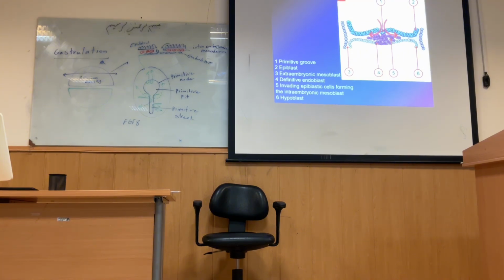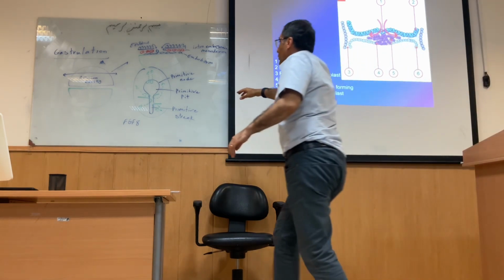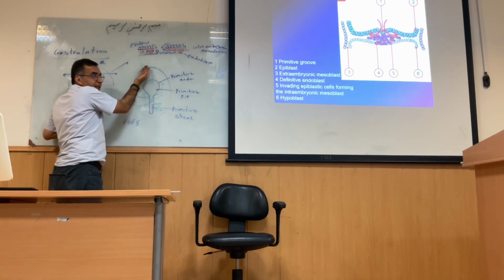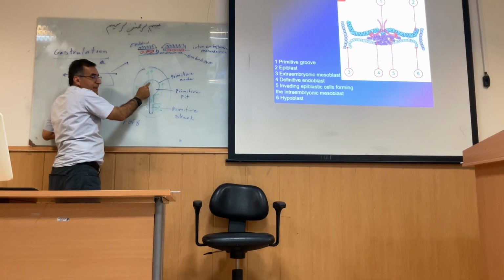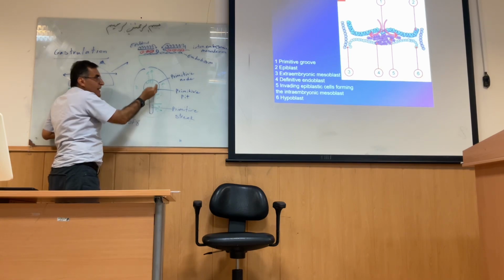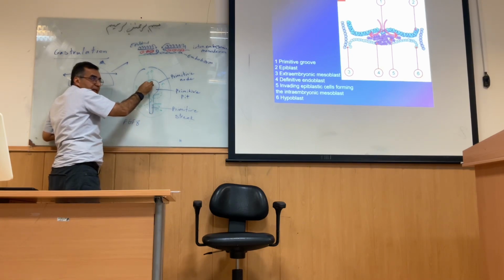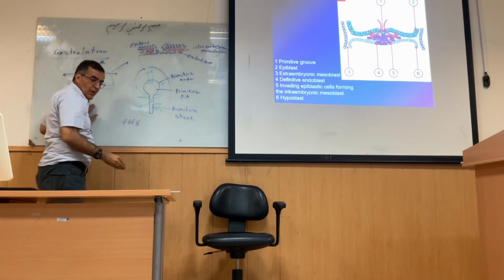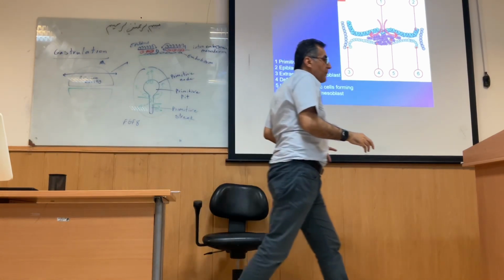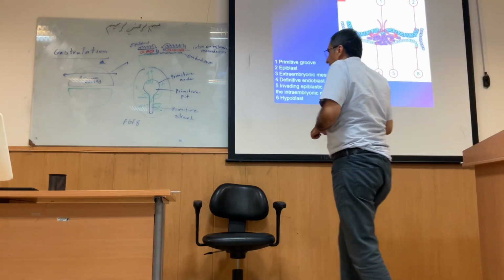But the cells going down from the pool, here is the pit: those cells go straight forward only, not down through the streak. They go straight forward. They make two structures, the prechordal plate and the notochord.